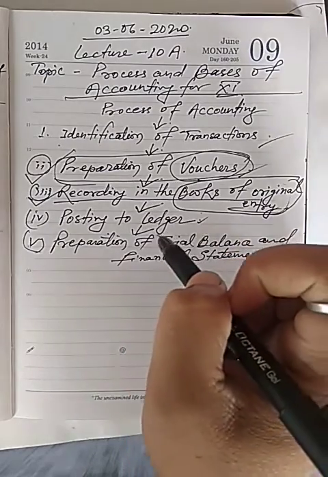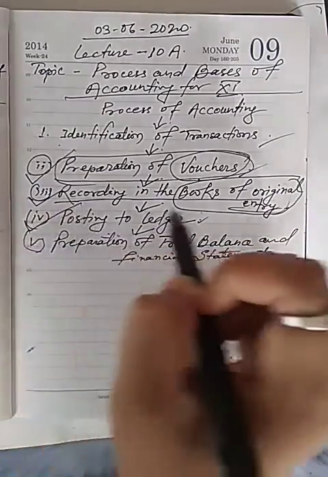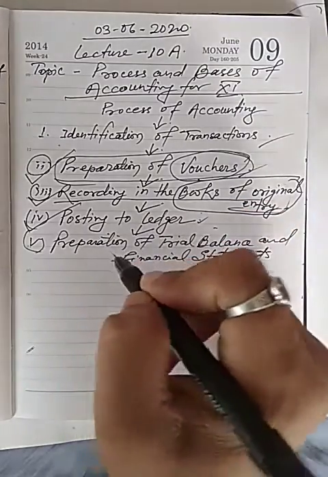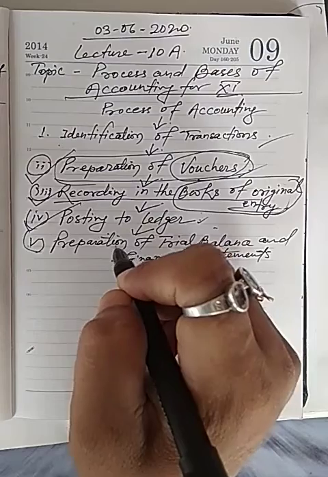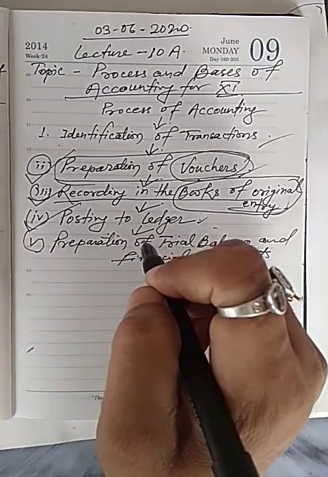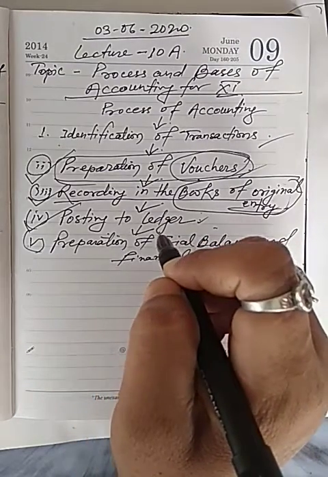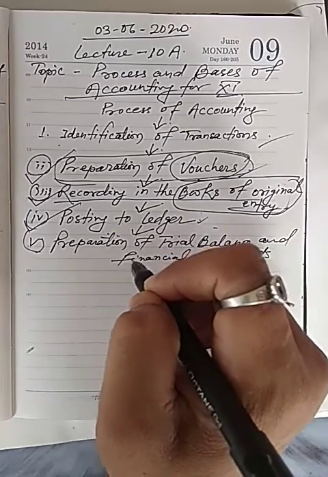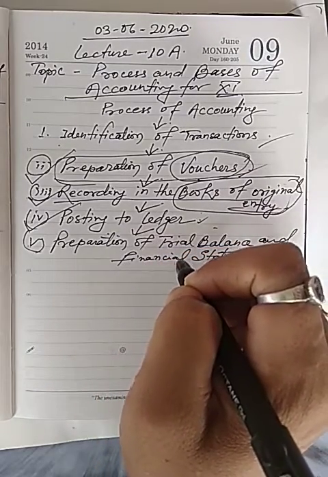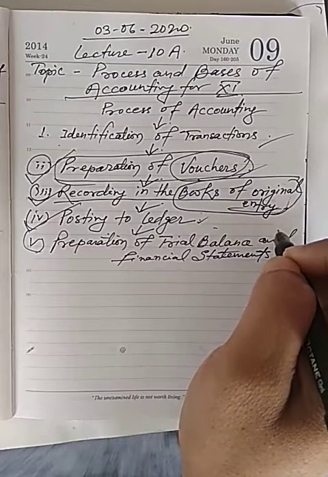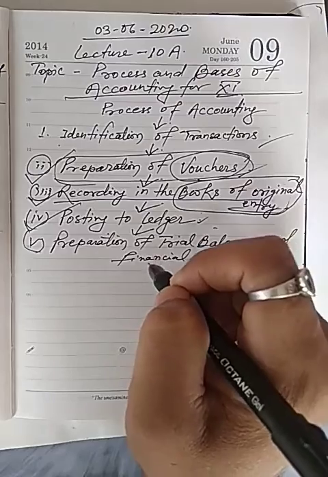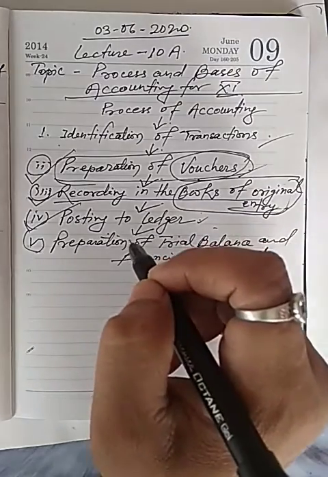Now, next point is posting to ledger, means the process is to transfer all entry recorded in journal to respective account in ledger.